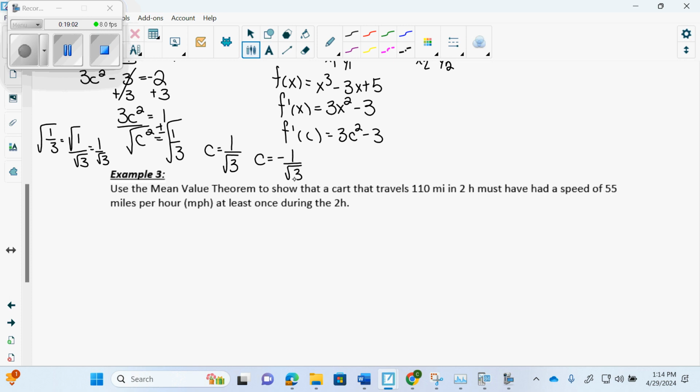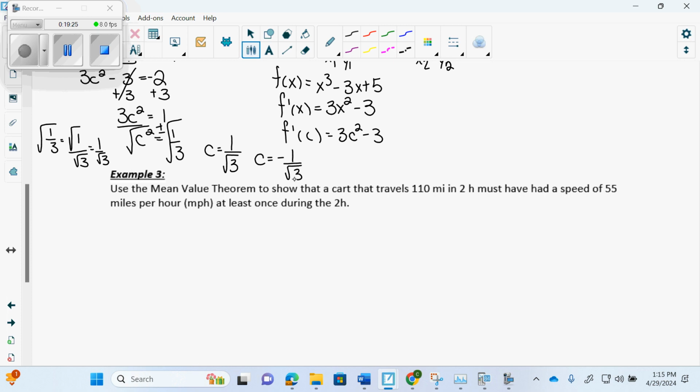Type it in your calculator. What do you get as a decimal? Negative 1 over root 3. Type it in. What do you get? Negative 0.577.